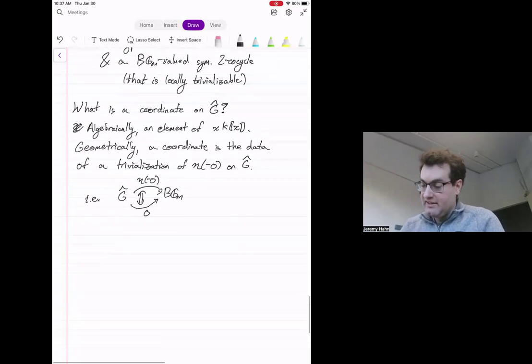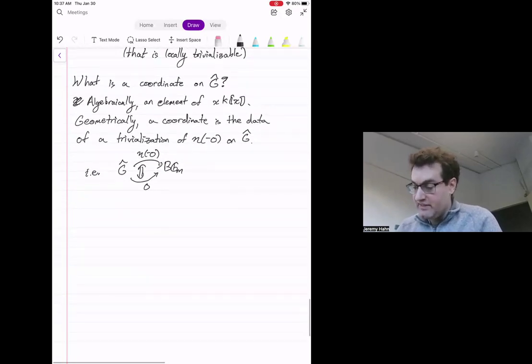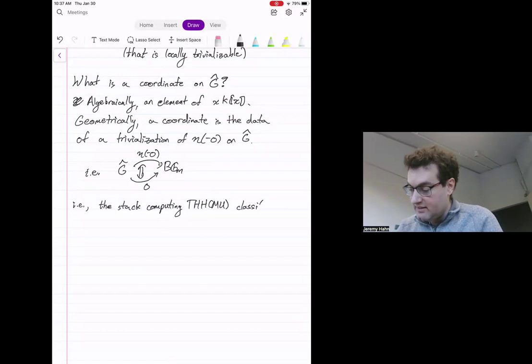Okay. So a very fancy or algebro-geometric way of describing the stack computing THH of MU without any circle action. It classifies a G hat, a trivialization of this canonical line bundle, which is, in other words, a coordinate.